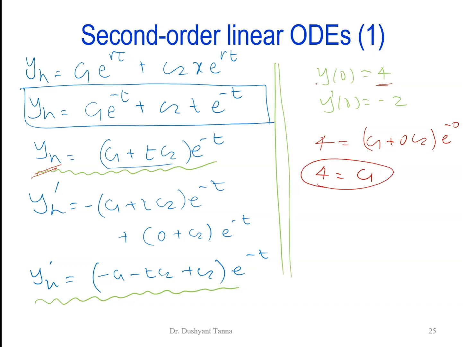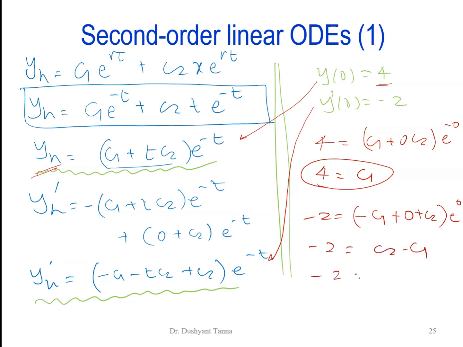Now I plugged it here, another one I'll plug it here. So minus 2 is equal to minus c1 plus 0 plus c2 e raised to 0. So minus 2 is equal to c2 minus c1, minus 2 is equal to c2 minus 4, c2 is 4 minus 2, and c2 is 2. I got my c2 as 2.